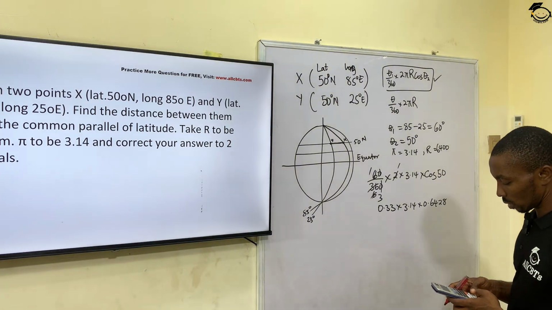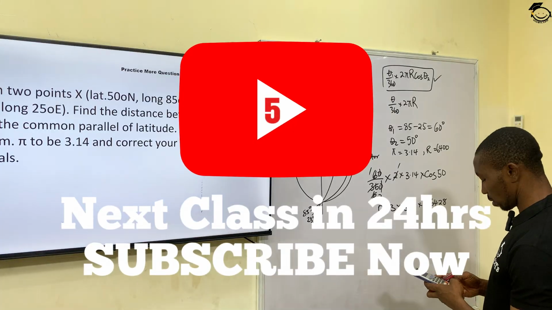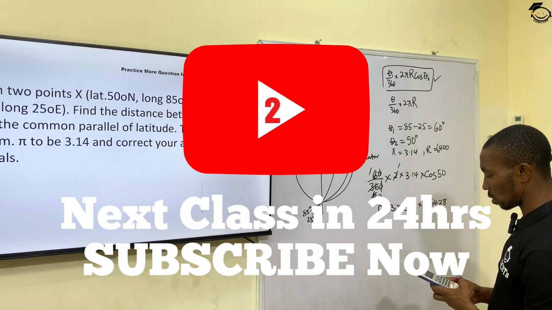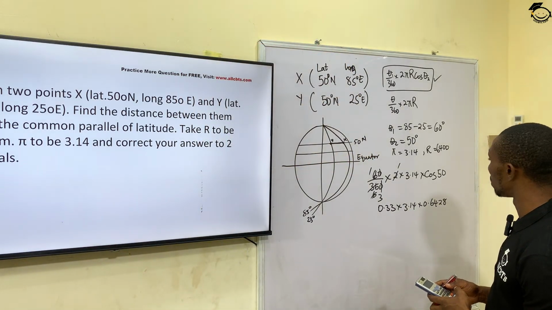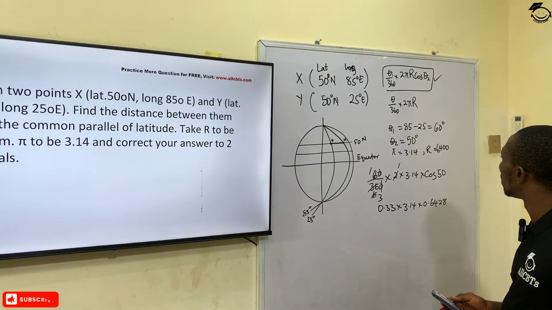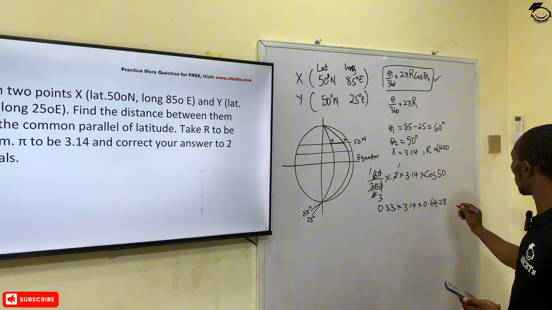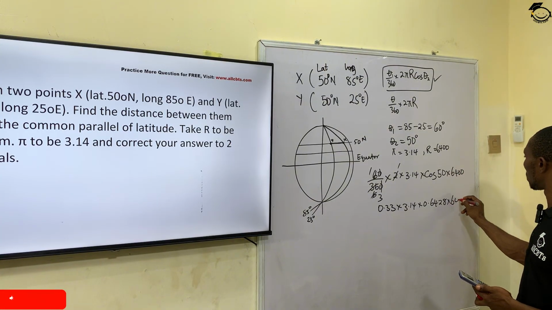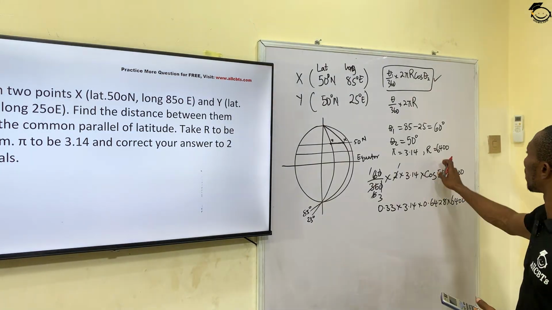Now times 3.14 times 0.333, times our 6,400, which is our big R.